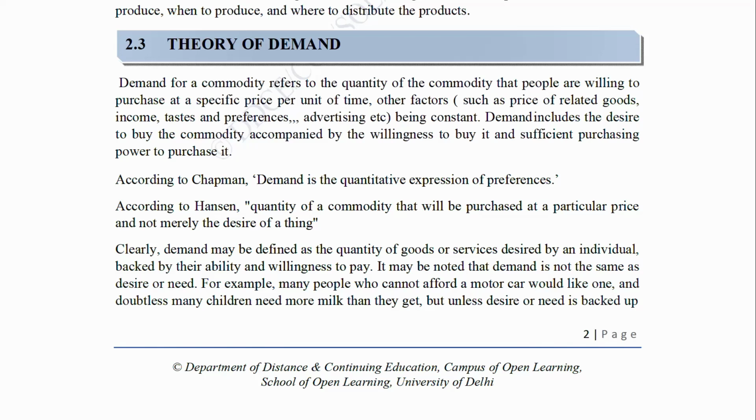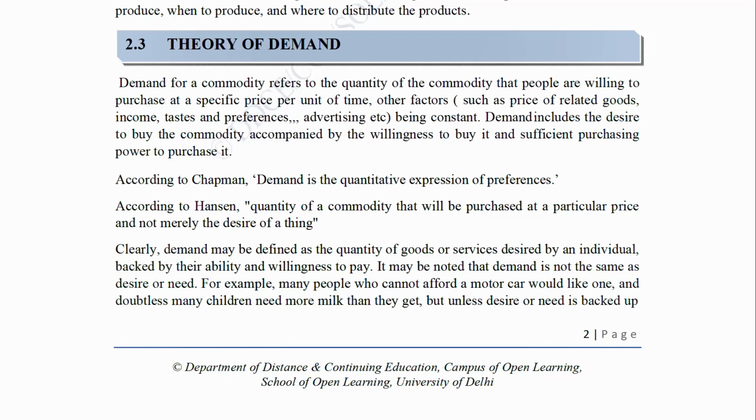2.3 Theory of Demand. Demand for a commodity refers to the quantity of the commodity that people are willing to purchase at a specific price per unit of time, other factors such as price of related goods, income, taste and preferences, advertising, etc., being constant. Demand includes the desire to buy the commodity accompanied by the willingness to buy it and sufficient purchasing power to purchase it.